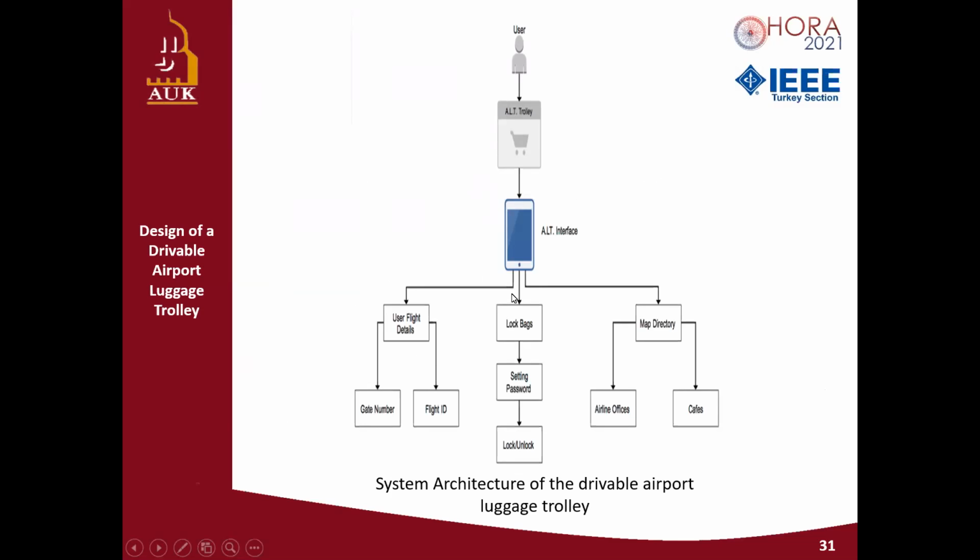Here the user also can gain access to the smart lock that is being controlled by a microcontroller, where he or she can set the password and lock the bags or the luggage to the trolley. And in the application, there is displayed the map directory of the airport that can include airline offices, the location of the gates, and also cafes and restaurants.